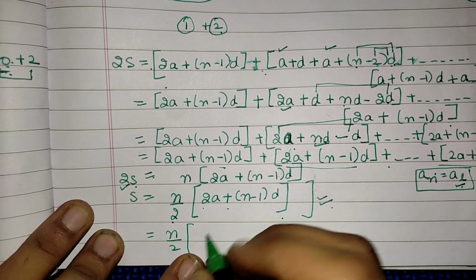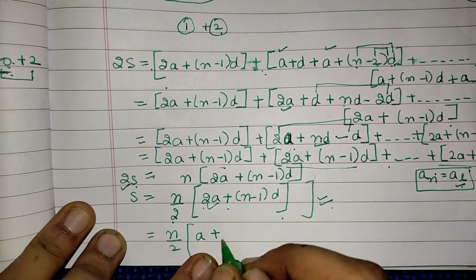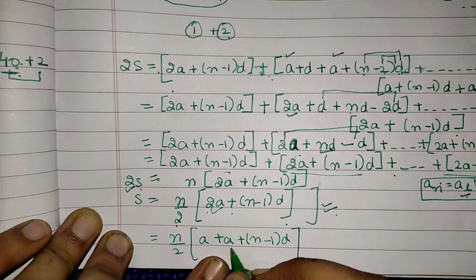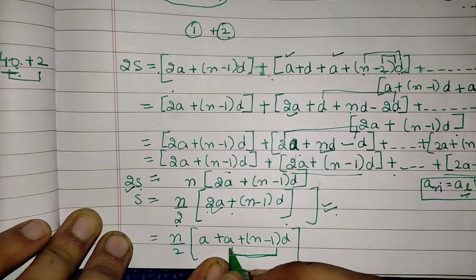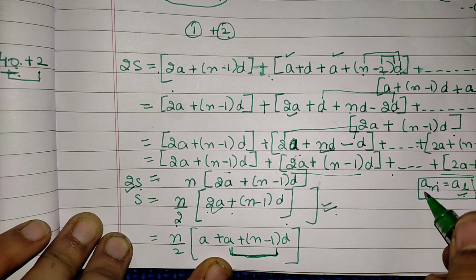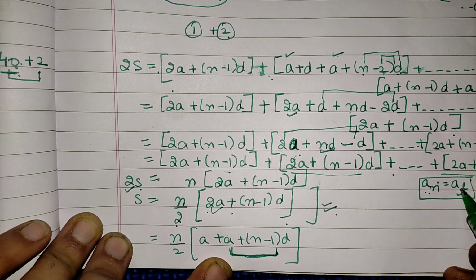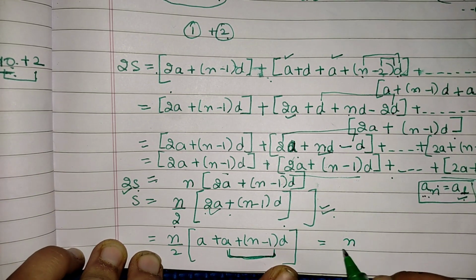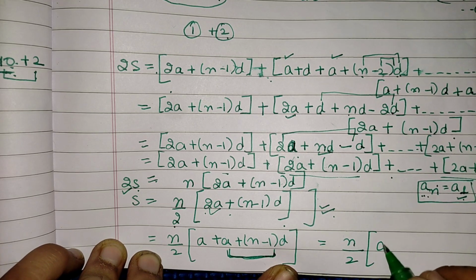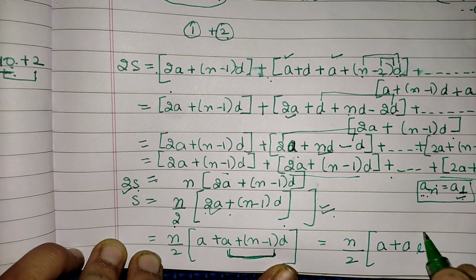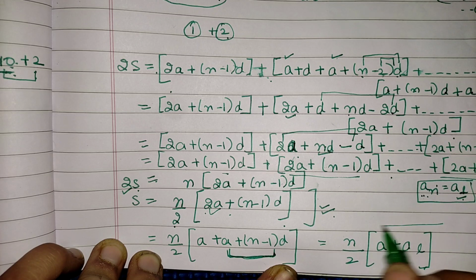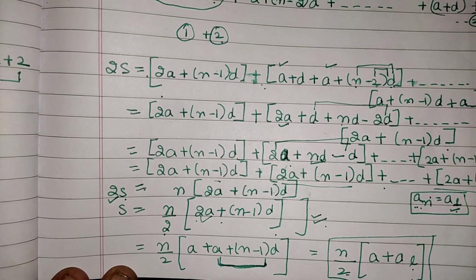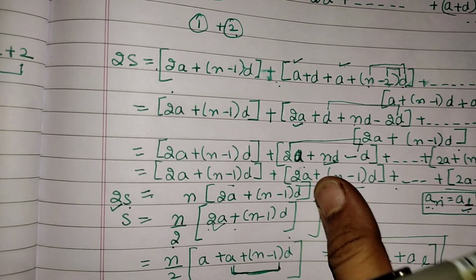I can break this term 2a into a plus n minus 1 into d, and this is the formula for an, and this time if I am considering the last term, my last term will also be equal to the nth term. So I can write it as n by 2 into a plus al. This will be the sum up to the last term of the AP. Okay.